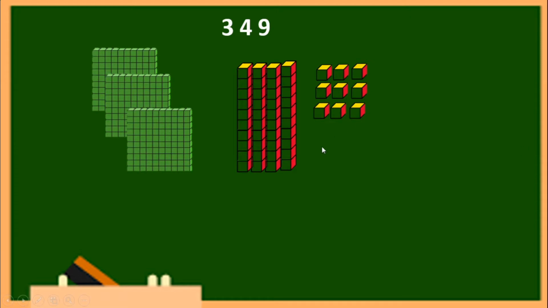So at the ones place, 7 and 9 are there. We have to subtract these 9 ones from these 7 ones.